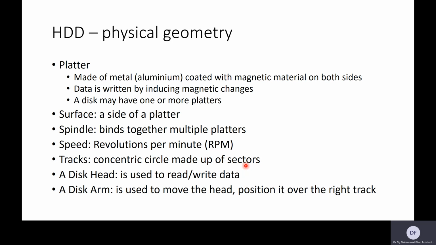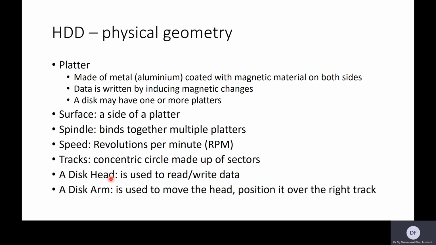Okay? And the disk head is a device which is used to read or write data on these tracks, sectors, or surface, whatever you call it. So this magnetic material is manipulated by this device, which is called the disk head.